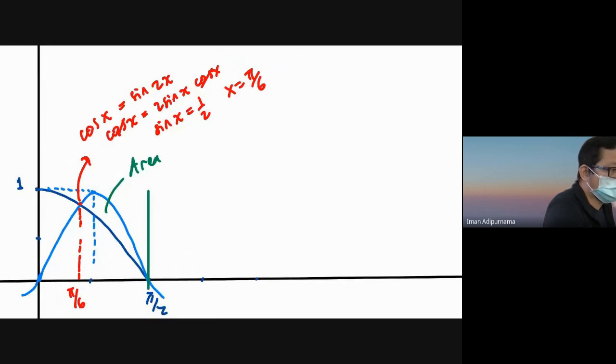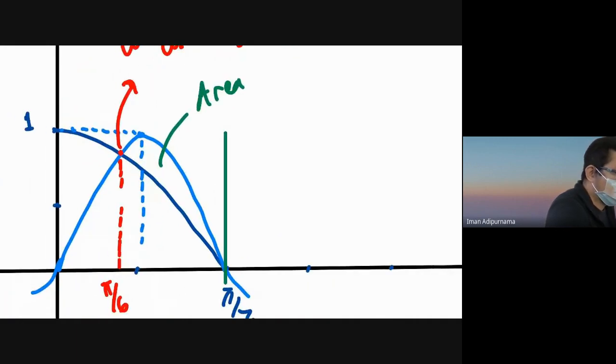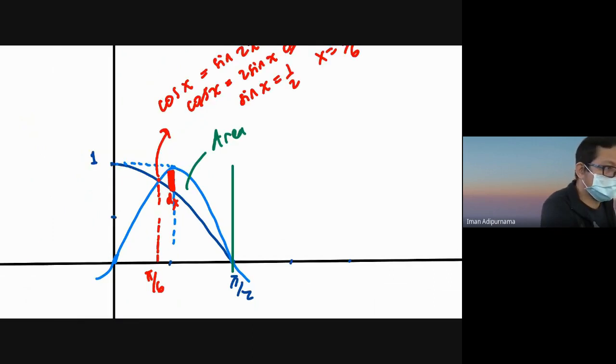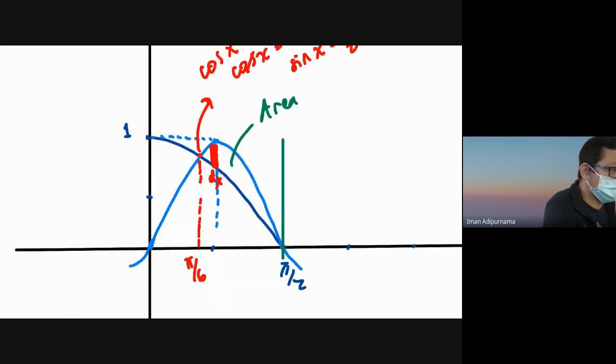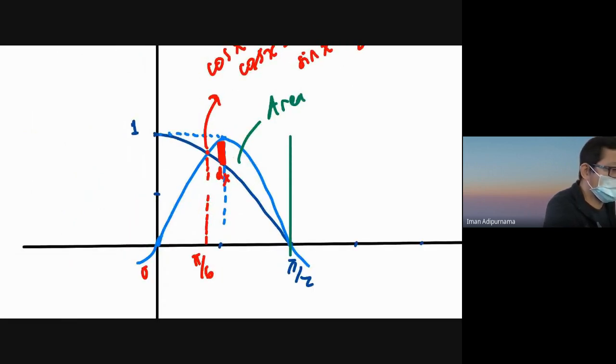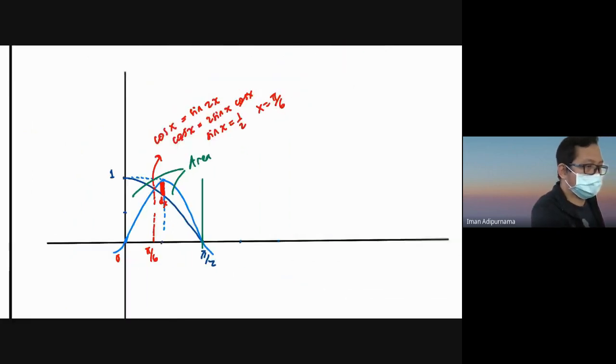So we will have this rectangle here, dx, from pi over 6 to pi over 2, and also from here, 0, so this is 2 areas, okay, 2 areas.